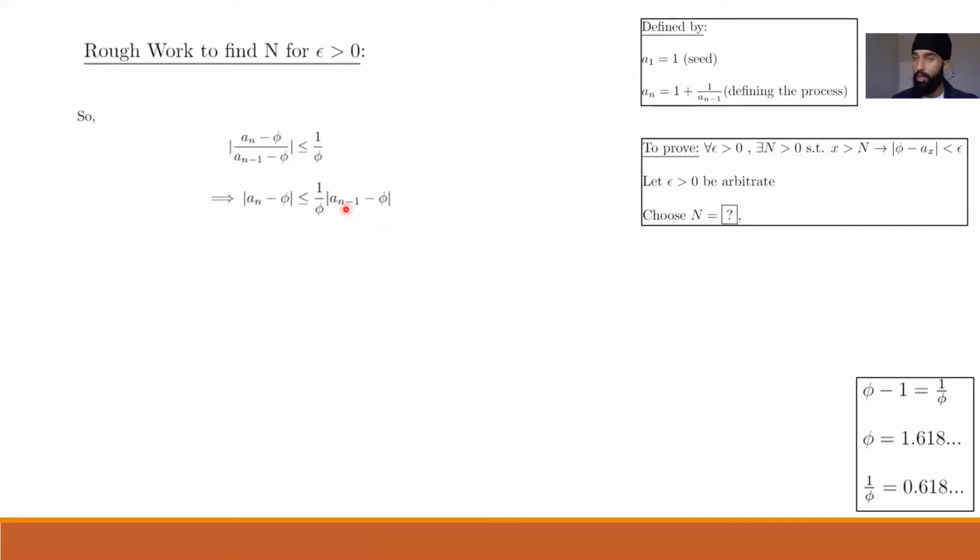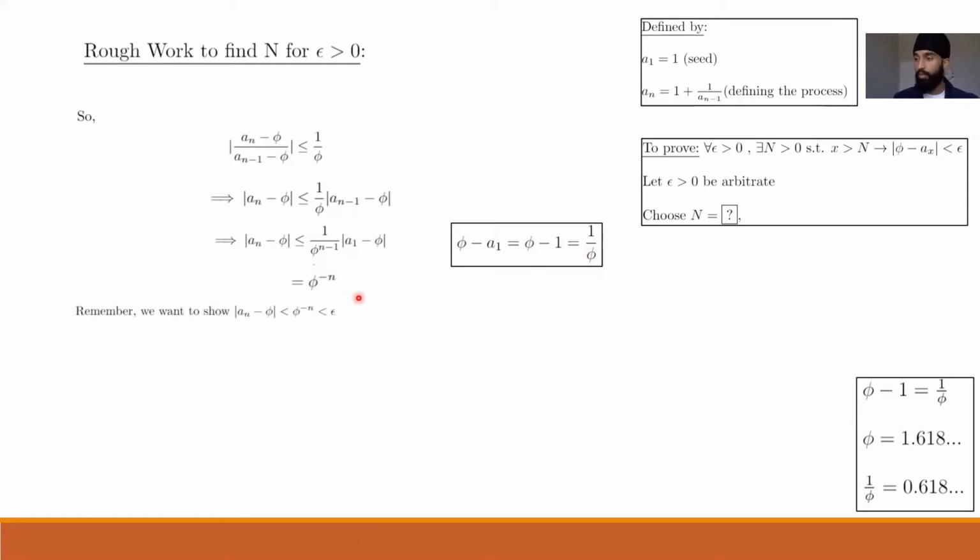Because a sub 1 is a very simple number, it's just 1. So we can bound this by keeping on reducing the indexes at the cost of one factor. This is why you get this inequality over here. At the cost of n minus 1 factors, we can actually just put in a sub 1. A sub 1 is 1, phi minus 1. Using the identity over here, we get 1 over phi is this.